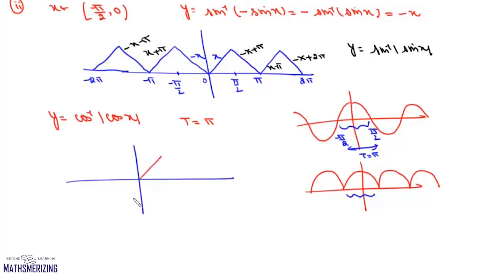Now if we look at the graph of cos inverse of cos x, then this graph will be x from 0 to pi by 2, and it will be minus x from 0 to minus pi by 2. Now again, we'll repeat the same graph.